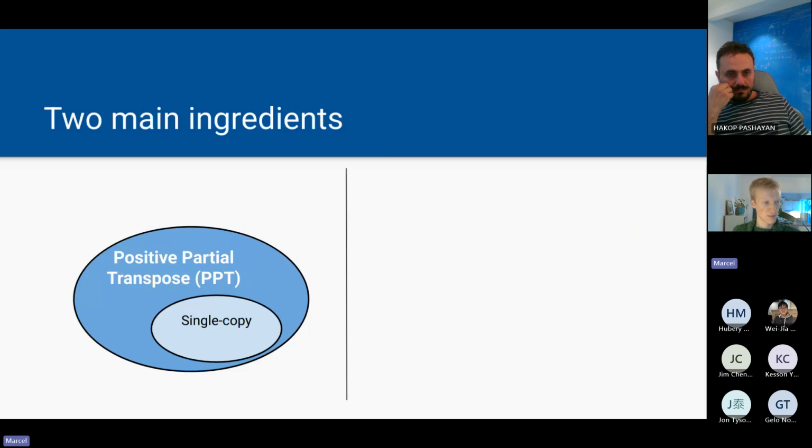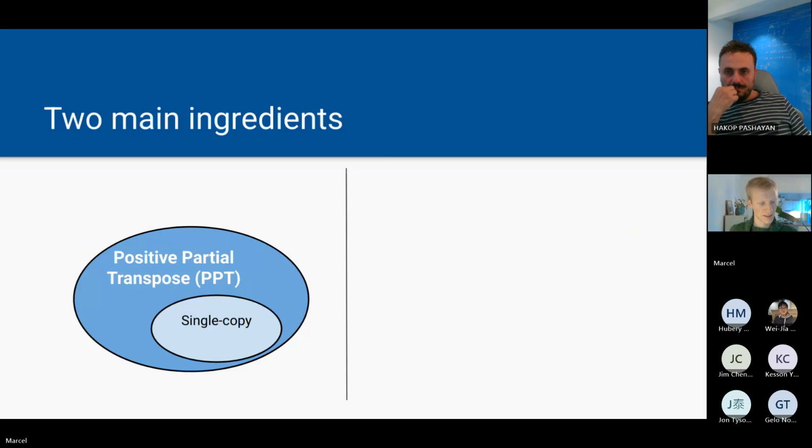A PPT algorithm for me is one where the POVM elements that your algorithm implements have to satisfy a PPT condition. And these kinds of strategies are more general than single copy strategies.